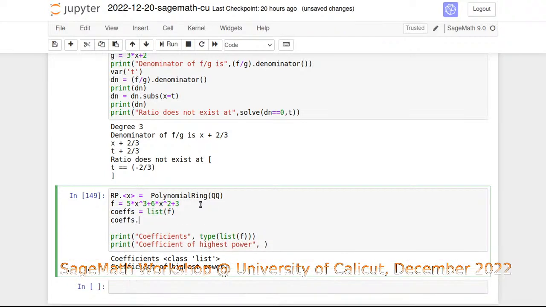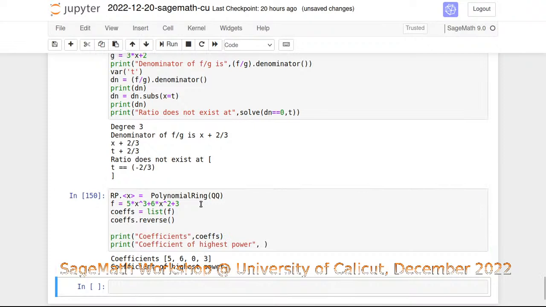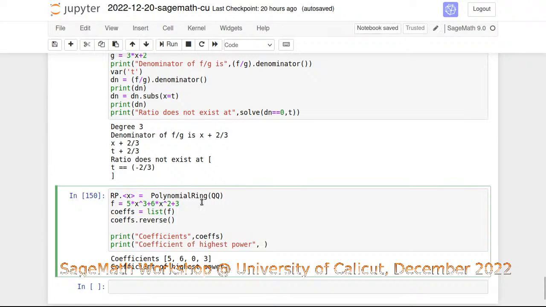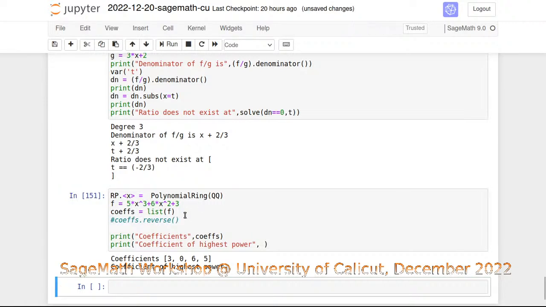Now reverse it like this. What was it previously? Okay, now it's fine.